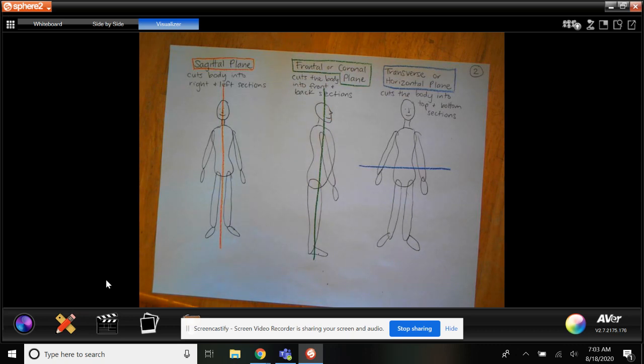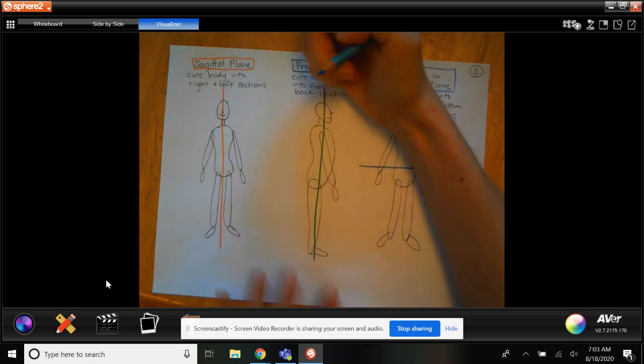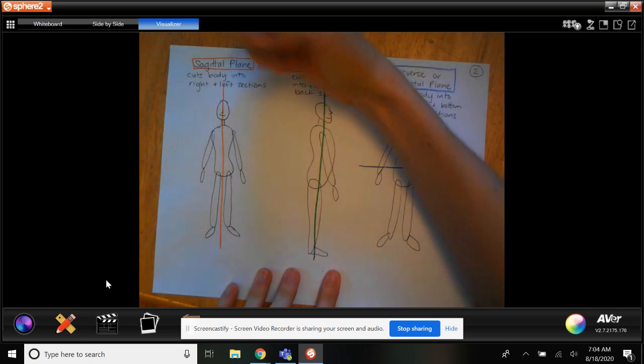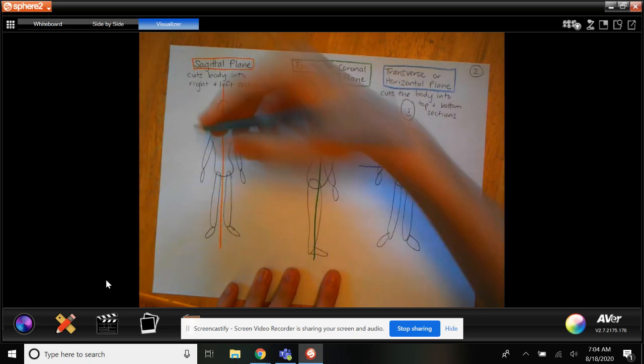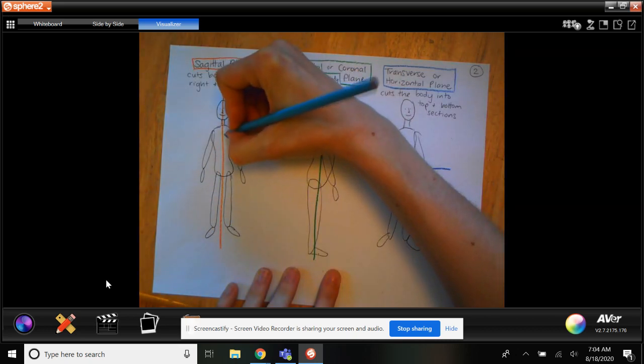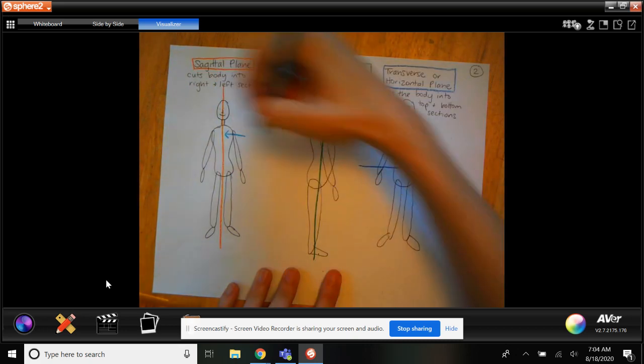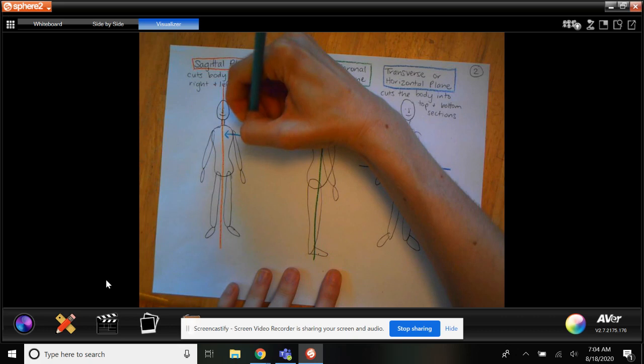All right, so on the sagittal plane, if something is close to the center of the body, like going towards this middle area, we'd say it was medial.